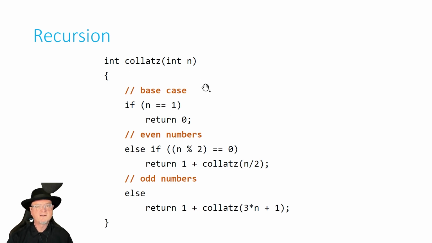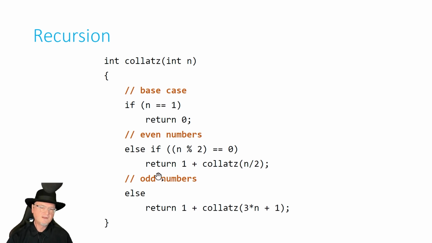We define our function that takes an input of an integer, call it collatz, and we have different conditions. Here we're going to implement this with an if-else-else, and if n equals 1, we return 0. Good. For even numbers, else if n, and remember this is the remainder operator, so if we divide n by 2 and that equals 0, it's an even number.